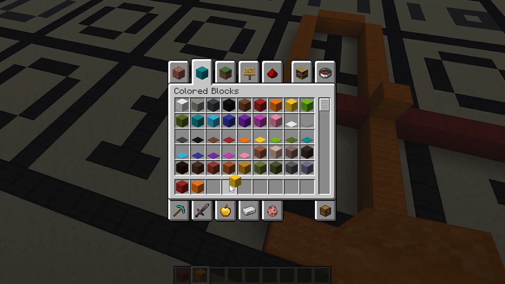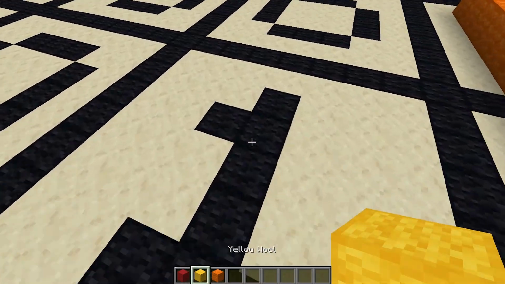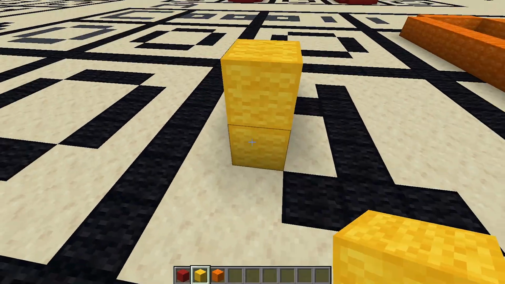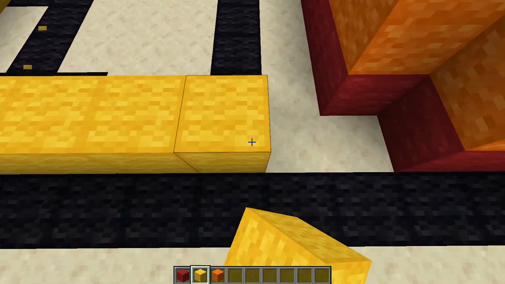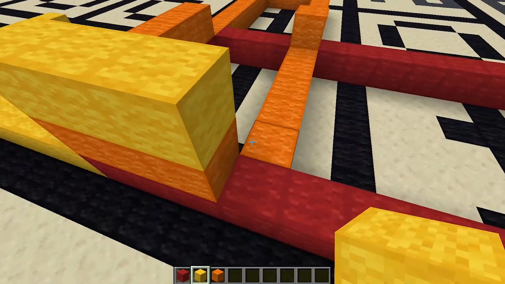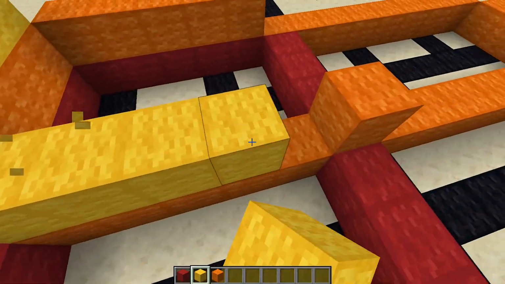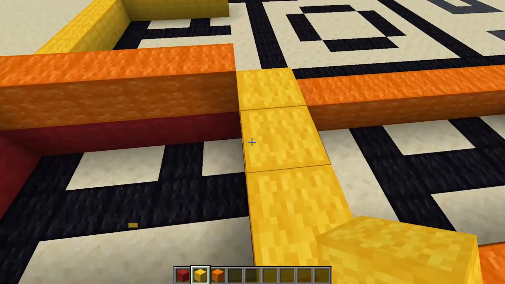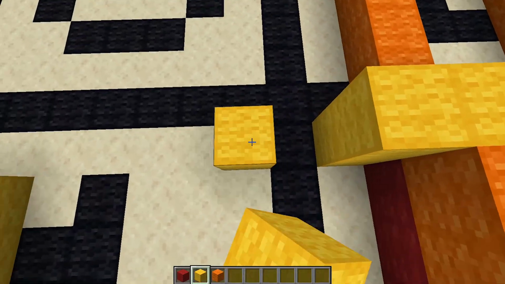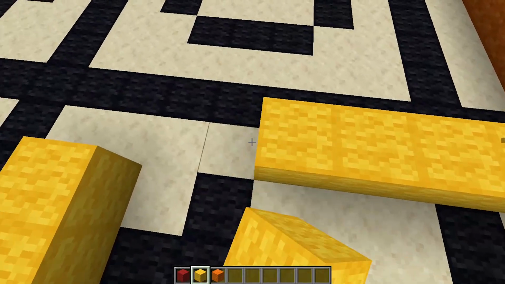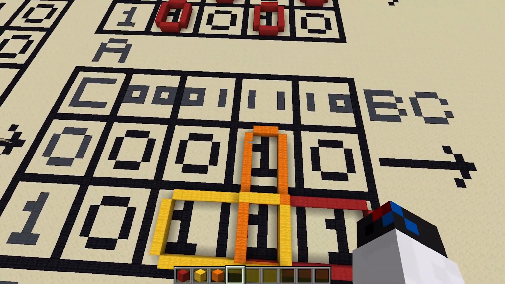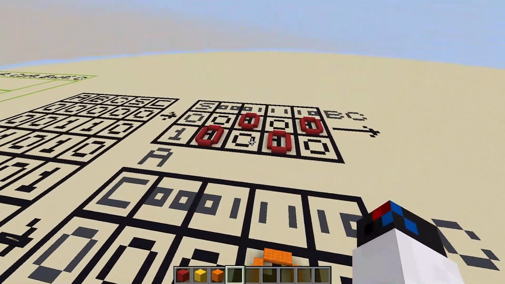So let's do that. I'm gonna get a different color, and we're gonna do the same thing like that. Okay, so we have circled all of the ones here and all of the ones here.